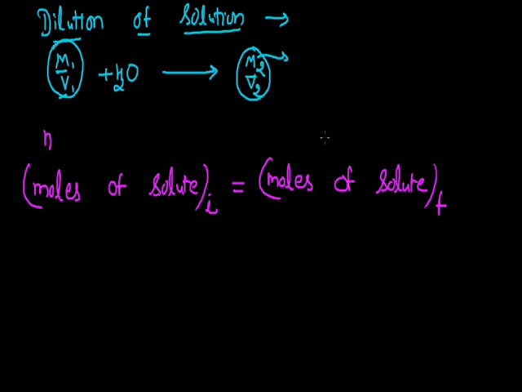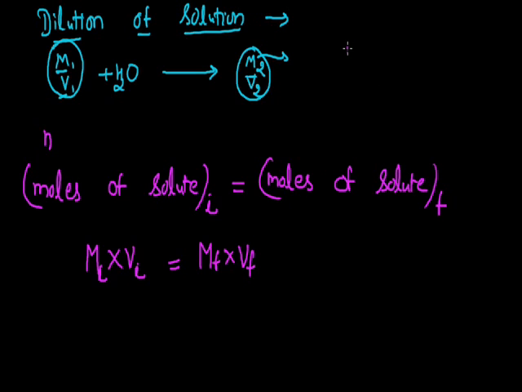So the moles of solute will not be affected by adding or removing water. They will remain constant. The moles of solute can be written in terms of molarity: moles of solute equals molarity into volume of solution. Since we are talking about the initial condition, the moles present initially equal initial molarity into initial volume, which will equal final molarity into final volume.